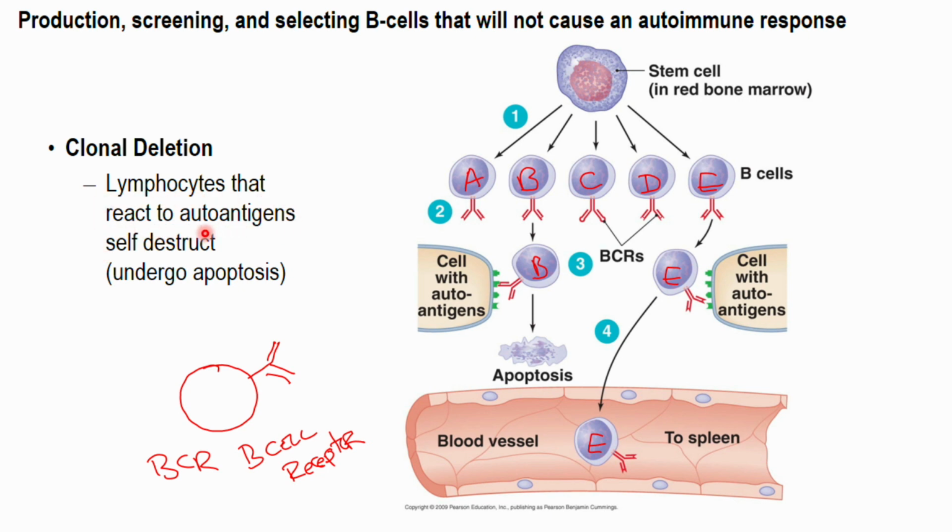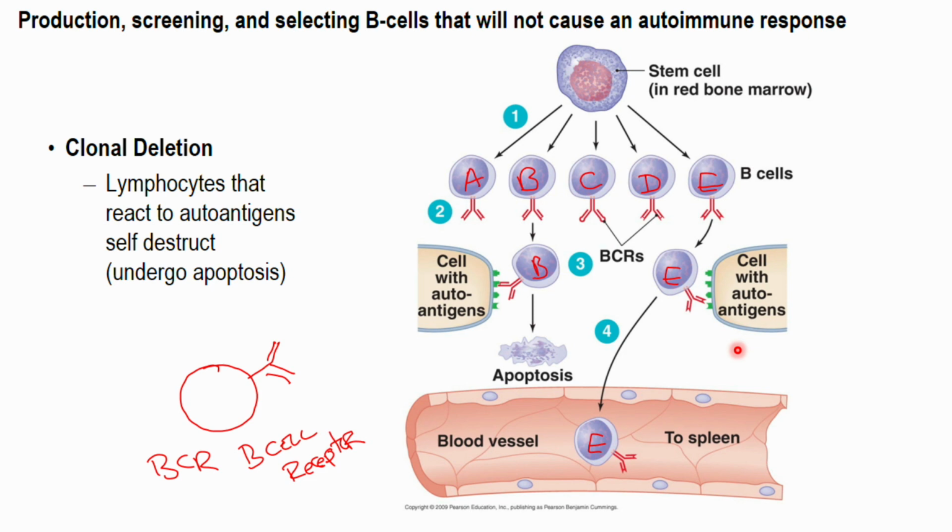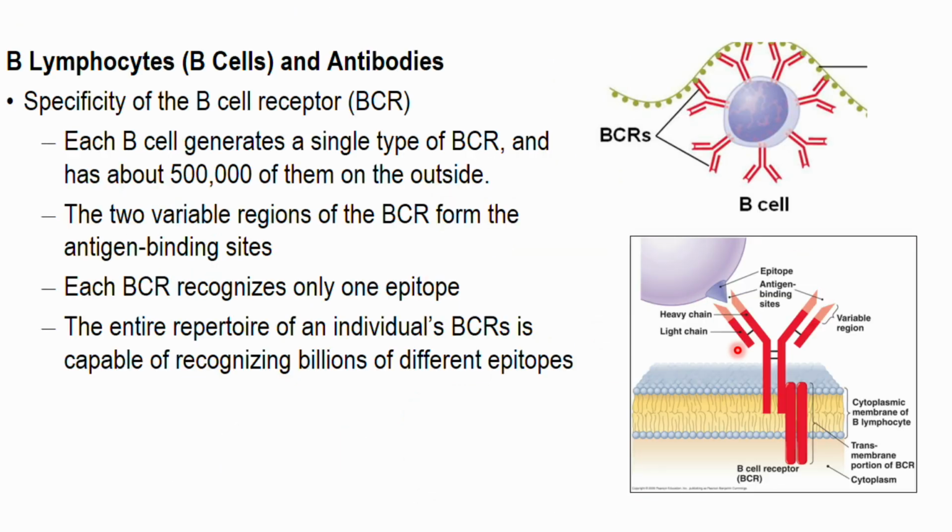Autoantigens are your proteins. So you do not want your B cell receptors to be able to bind to the autoantigens, because that means that you would have an autoimmune disease. So that is the quality control check for how you ensure that the B cells that are produced will not go after your own self.